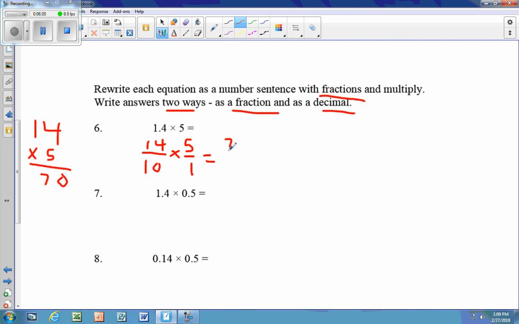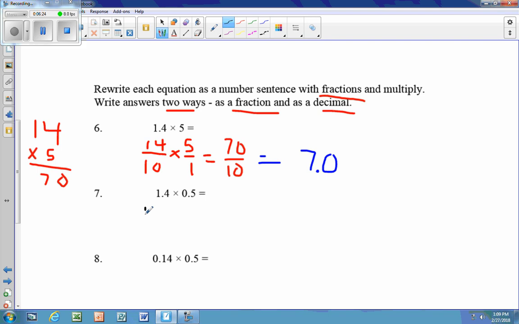And I end up with 70 over 10. And 70 over 10, if I want to now write it as a decimal, 70 tenths would be 70, and it has to end in the tens place, so I need a decimal there.